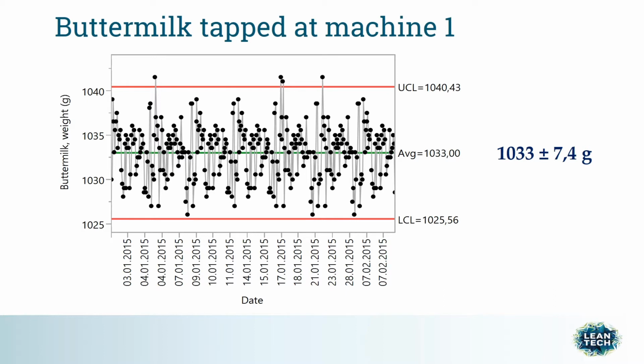The reason for this is the physical properties of the product. Buttermilk is thicker and can contain some air bubbles. And the dosing of machine number 1 is based on volume, not weight. And because of this, air bubbles can disturb the measurement and make machine 1 less precise for buttermilk compared to skimmed milk.